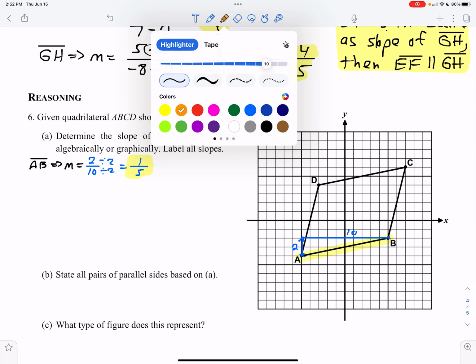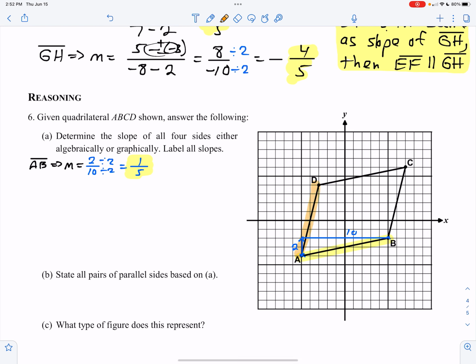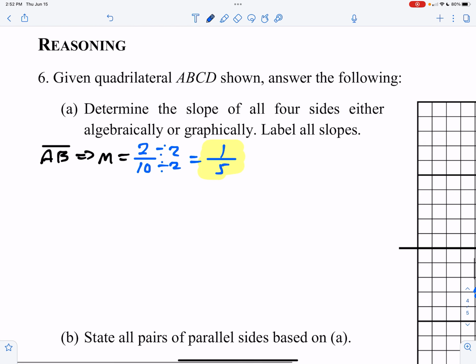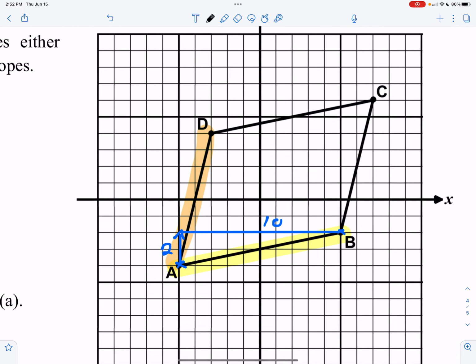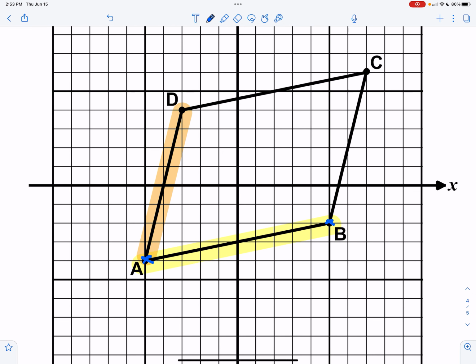Okay, so now I'm going to go to AD. So for AD, I'm going to go from A all the way up to D. So I'm going to go a rise of 1, 2, 3, 4, 5, 6, 7, 8.